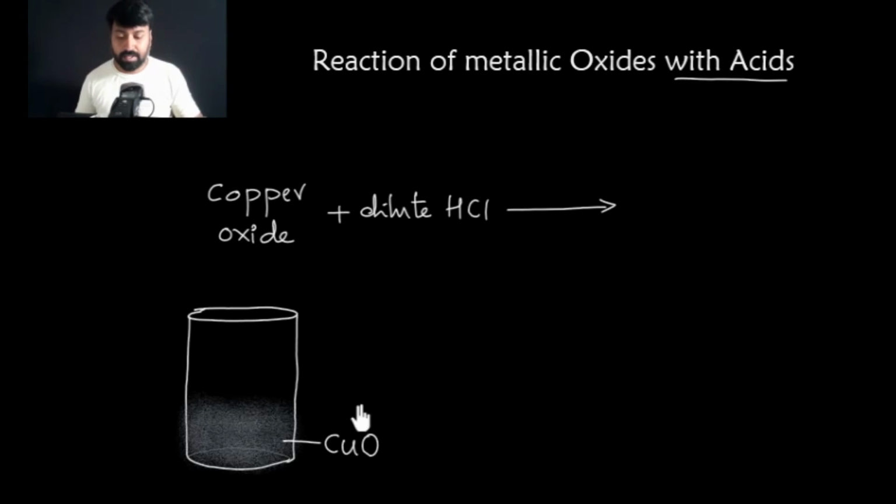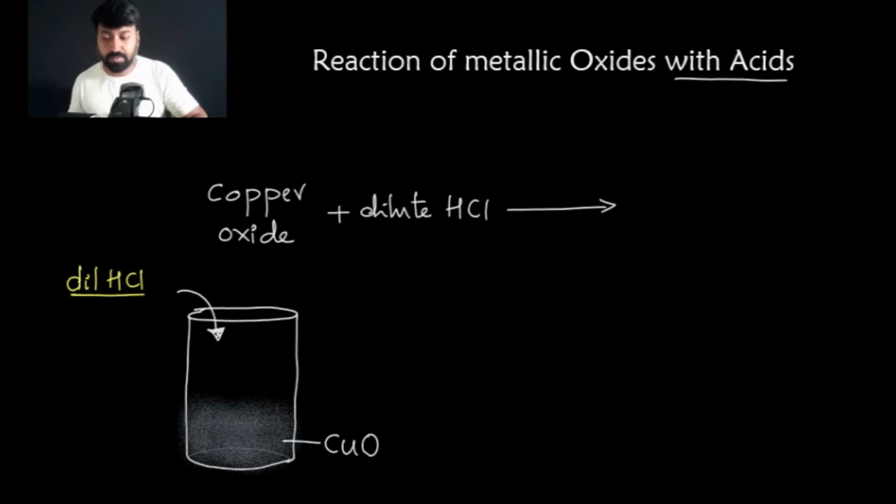Now to this you have to add dilute HCl. The dilute HCl is added here. And immediately what happens? The color of this gray or black copper oxide changes to green color.